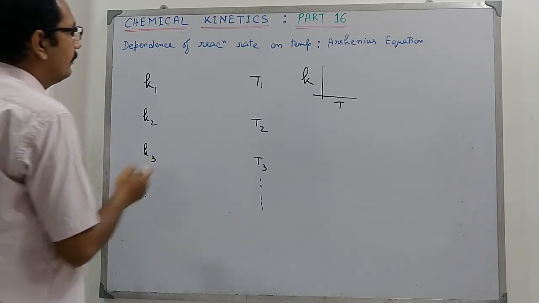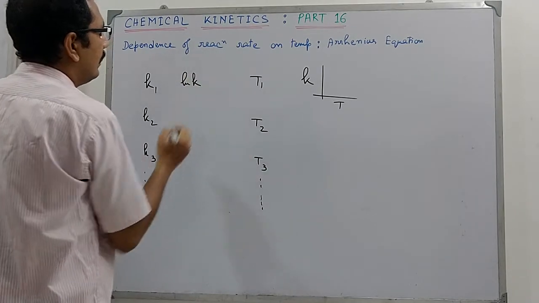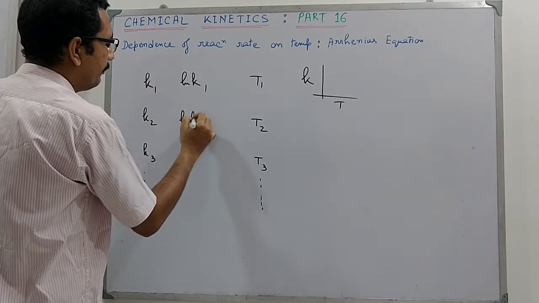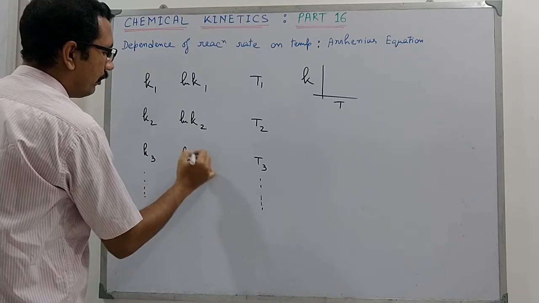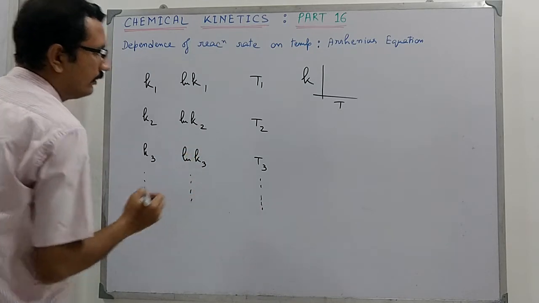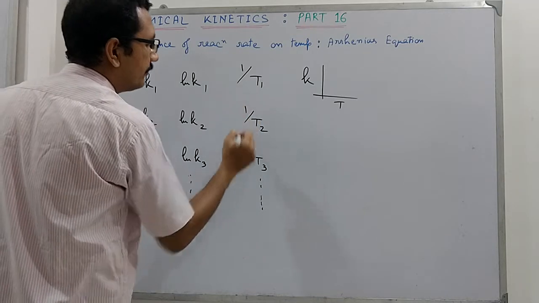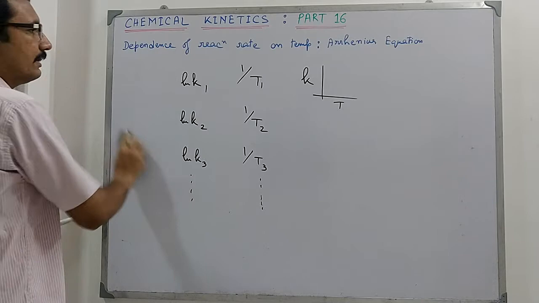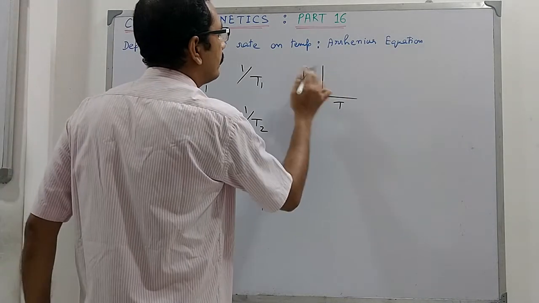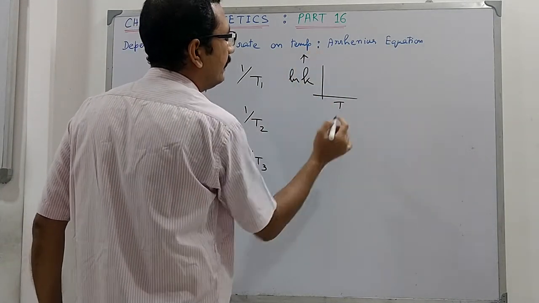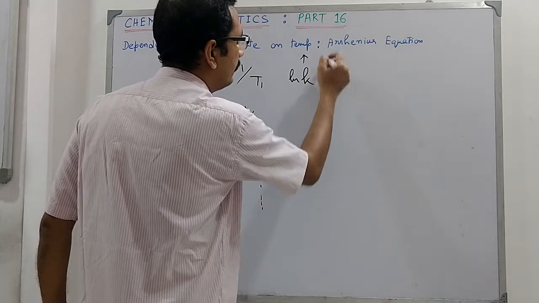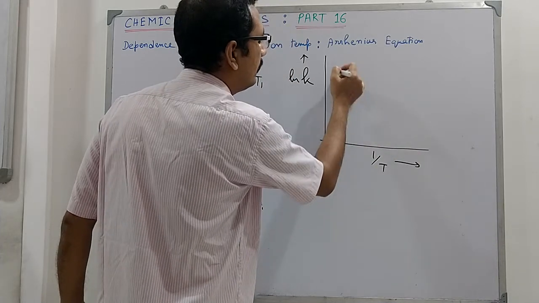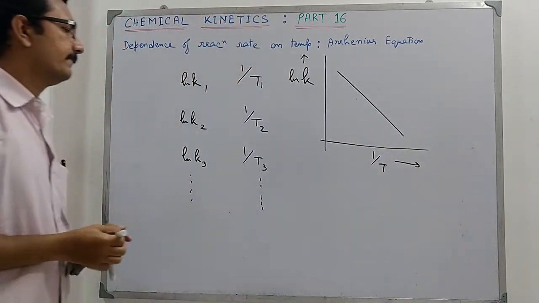And during this procedure, after several attempts, when he tried to plot natural log of the rate constant with the reciprocal of the corresponding absolute temperatures, he got a pattern. So that is, when he plotted ln K versus 1 by T, he got a straight line like this.